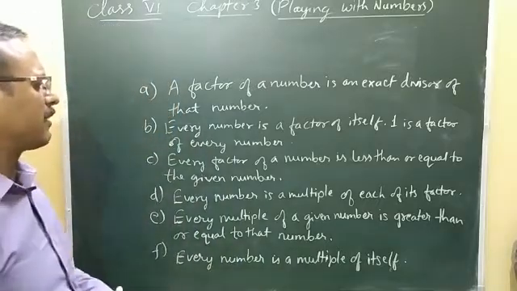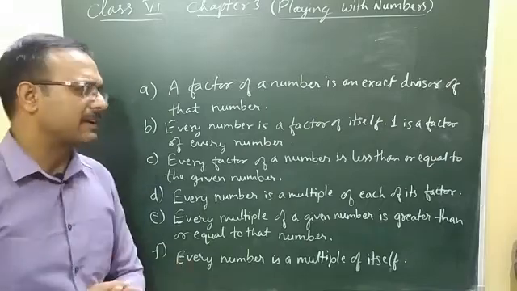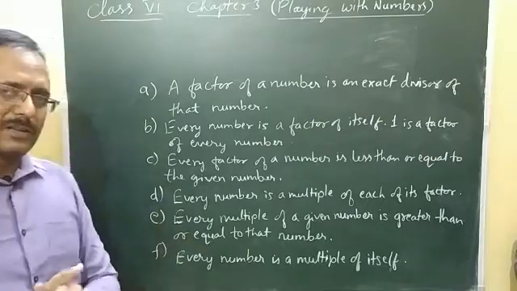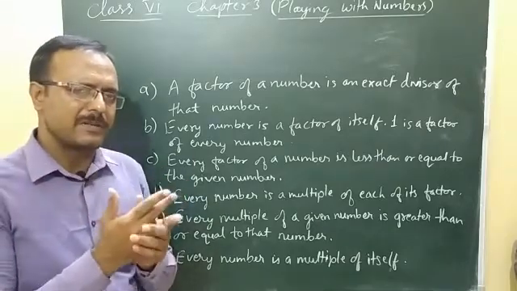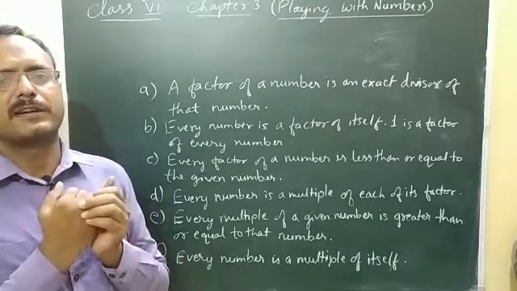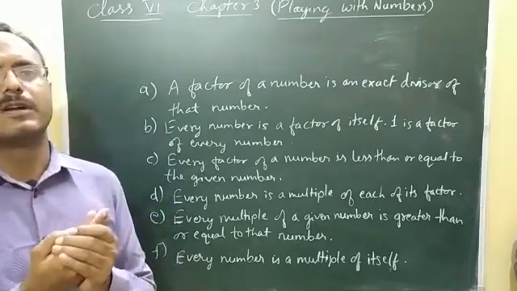Now, every factor of a number is less than or equal to the given number. You have seen 2 to 3 examples. I have found the factors of 15, the factors of 20, and the factors of 30.